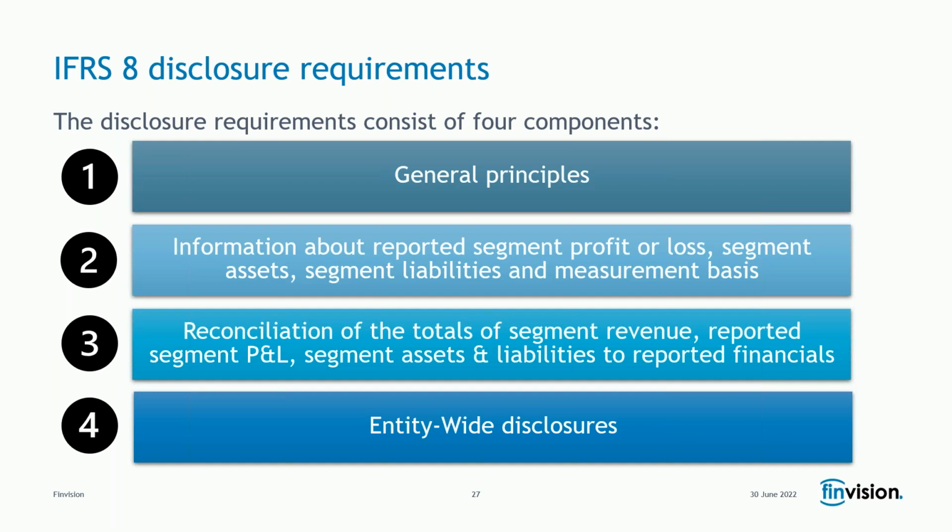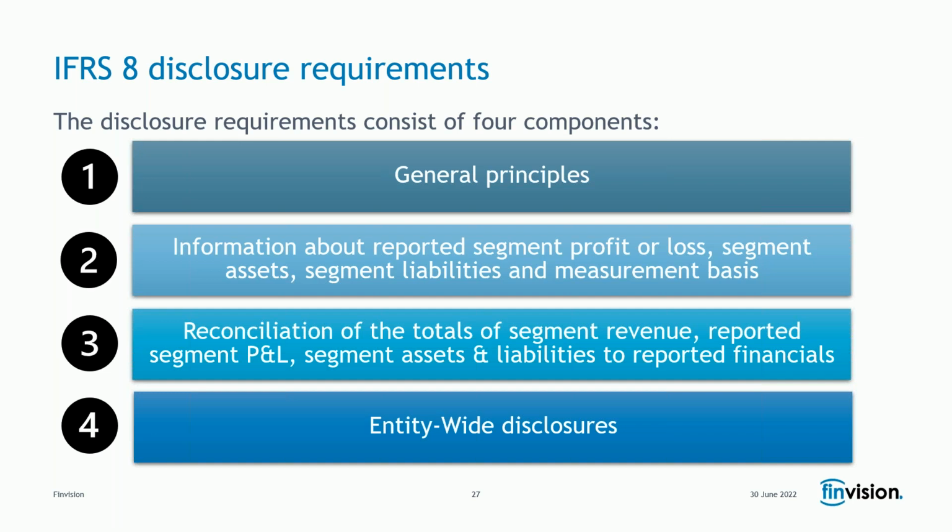What Hans also explained, the first starting point is always your internal reporting to the chief operating decision maker, and on what basis, what form of the reporting, how discrete it is, will the decision be made, and that will be your basis to disclose the information.